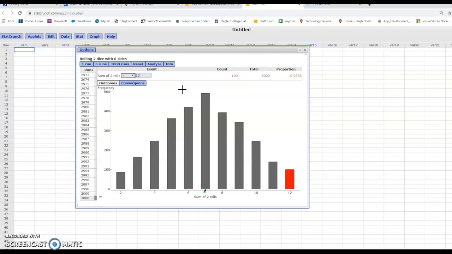And I got 1.0001, which we'd expect as probabilities to add up to 1. So it's a little bit of round off error, but other than that, they worked as far as all adding up to 1.